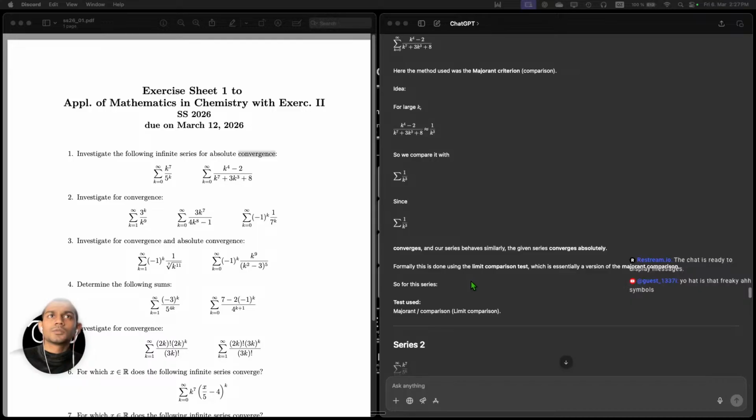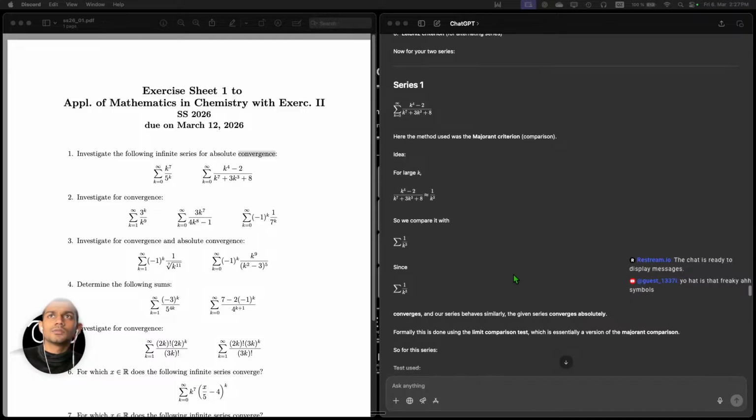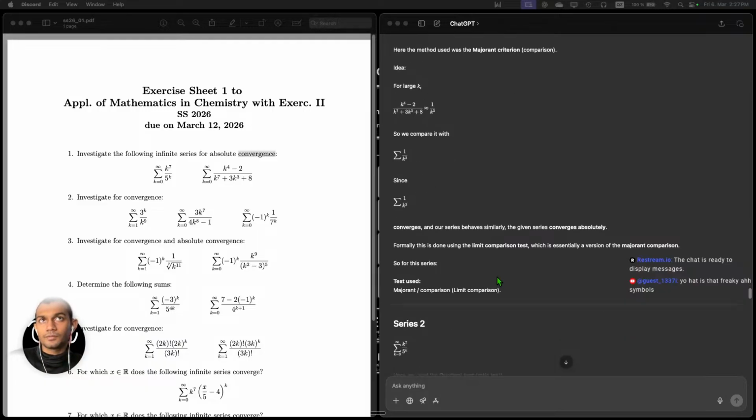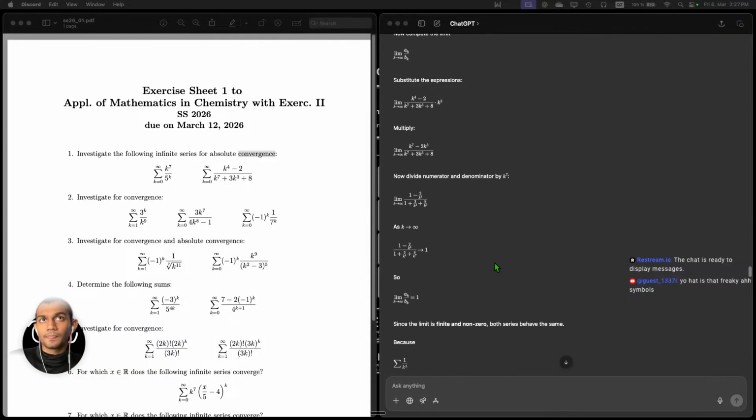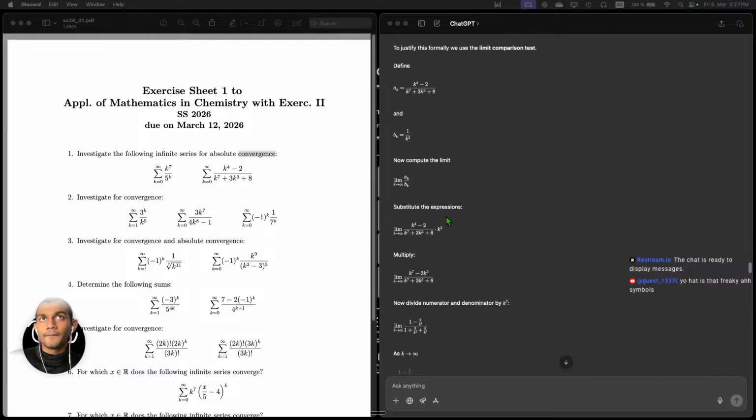Wait, we compare the limits. Do we divide it? Yeah, we divide both the functions, and we test the limit. So we take a_k, b_k, and we divide. And if it comes up to be a positive constant like 1, then the series converges, right?